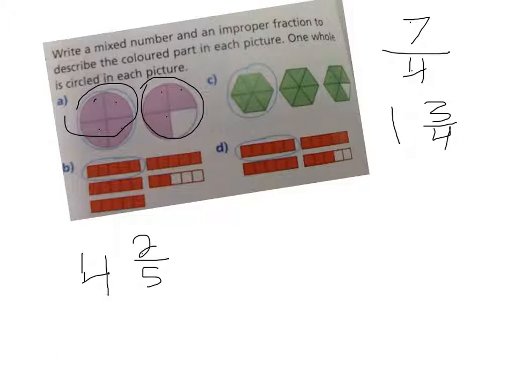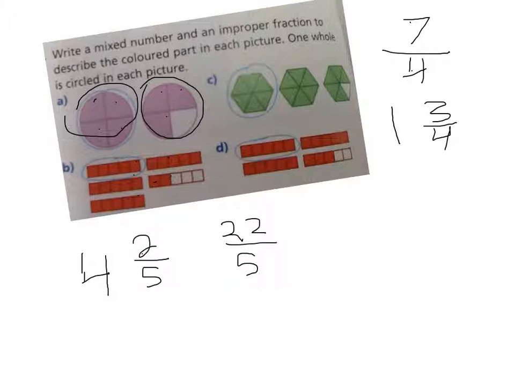If I want to write that as an improper fraction, I have to count how many pieces there are total. So there are 5, 10, 15, 20, 21, 22. 22 pieces total, and the denominator is the same. It's still fifths. Every one of those shapes is split up into fifths.